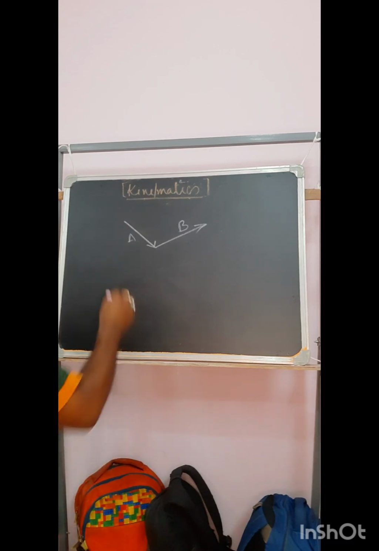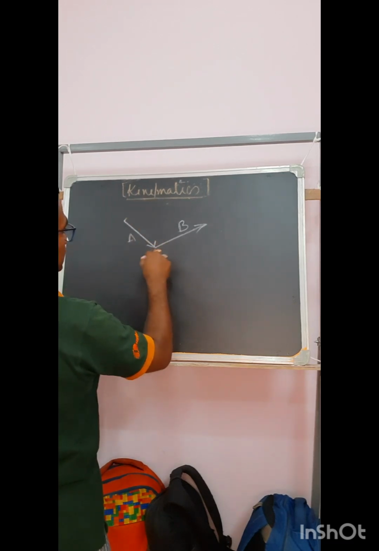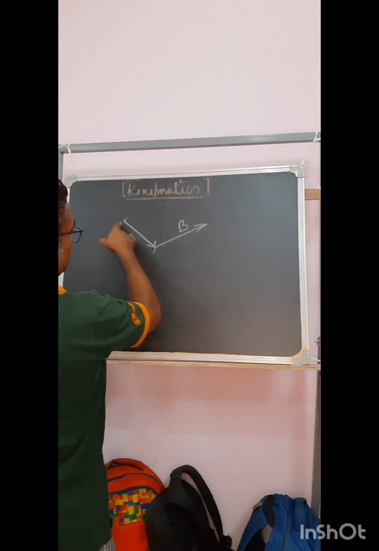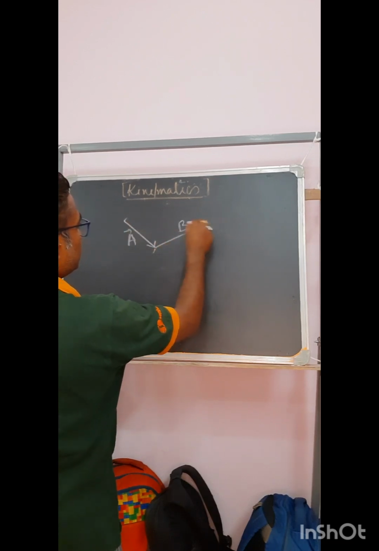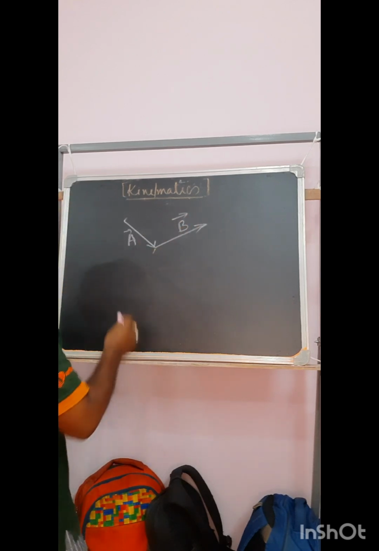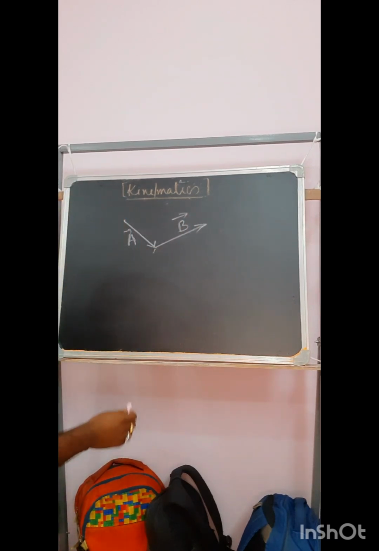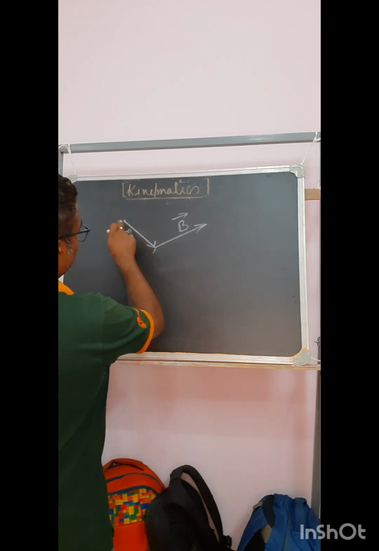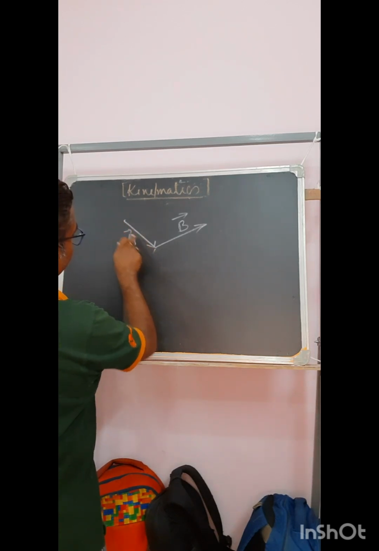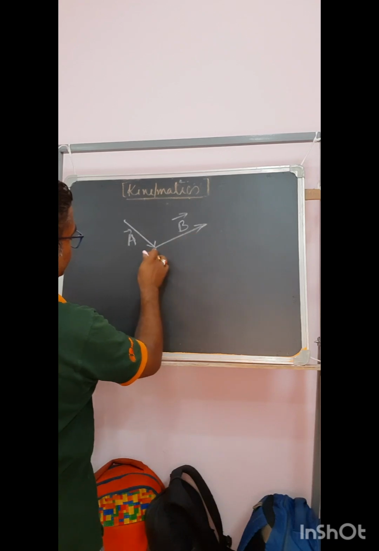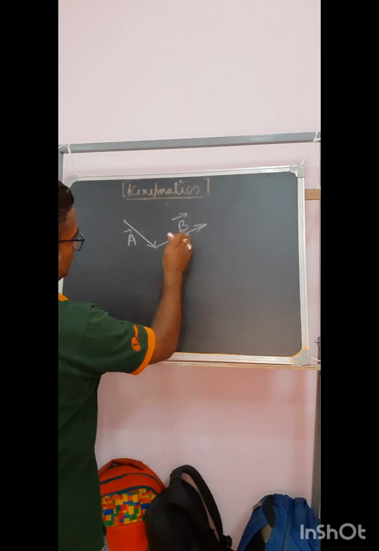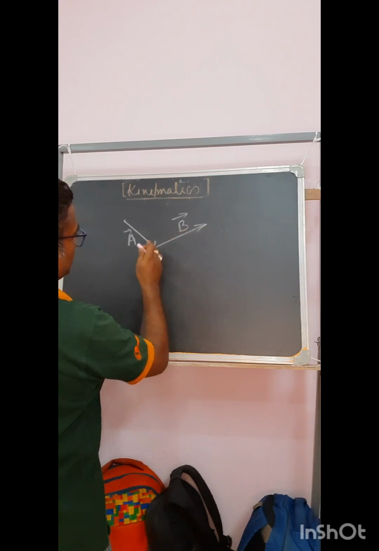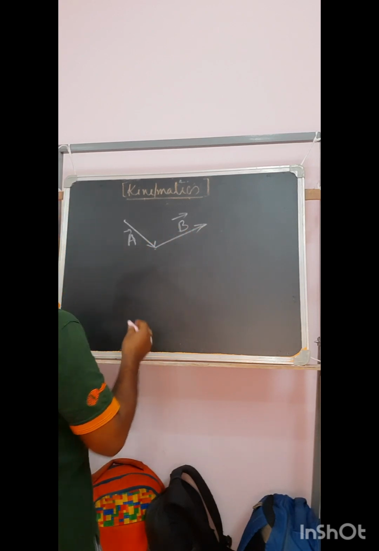As you see, this is the tail and head of vector A, and this is the tail and head of vector B. If you are asked to calculate the angle between them, you have to shift one vector parallelly to itself so that the tails match.